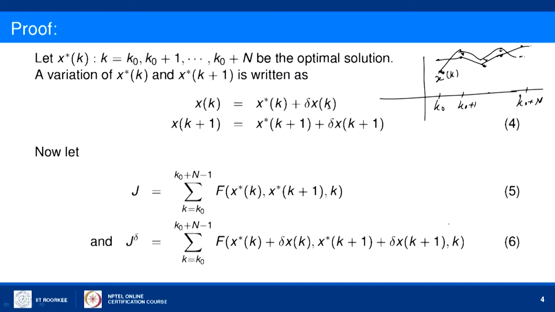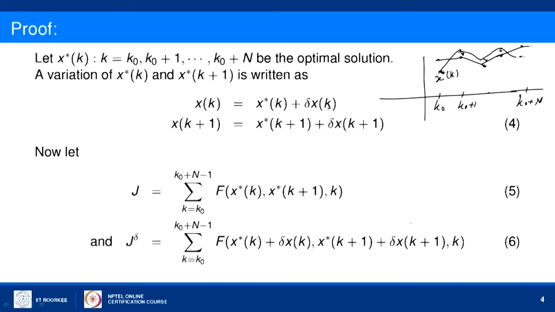The second term is the first variation given from the equation 6, which is nothing but del f by del x of k into del x of k. Similarly, the partial derivative del f by del x of k plus 1 multiplied by the first variation x of k plus 1.